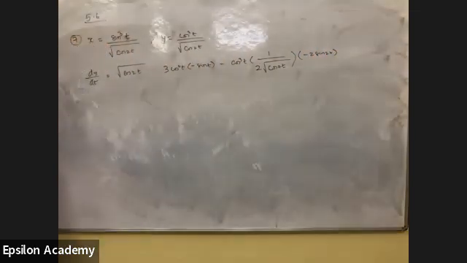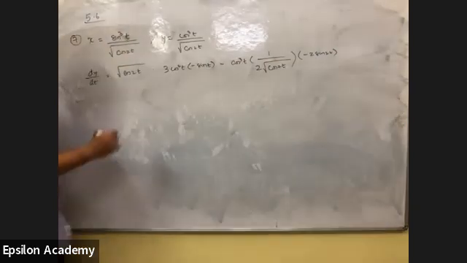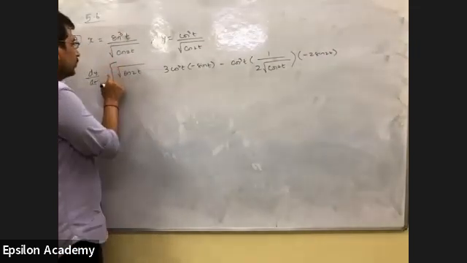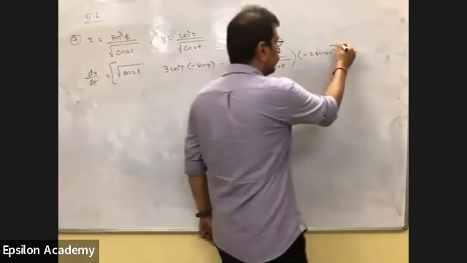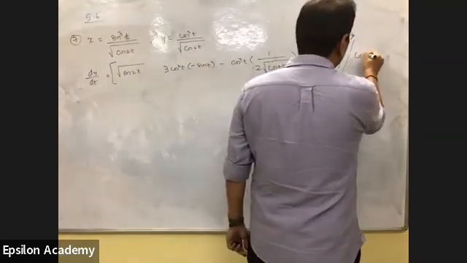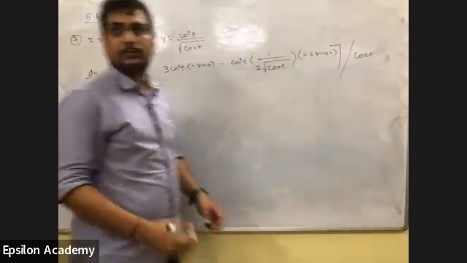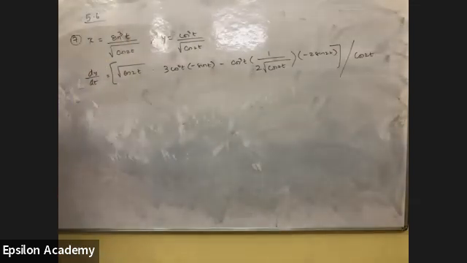Correct? The whole thing divided by cos 2t. It's clear. So is there anything that can be simplified?